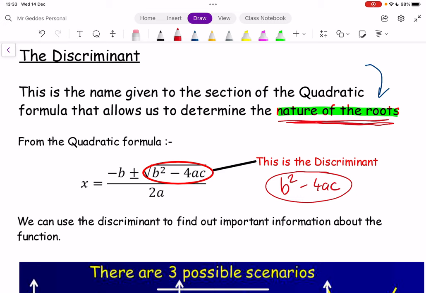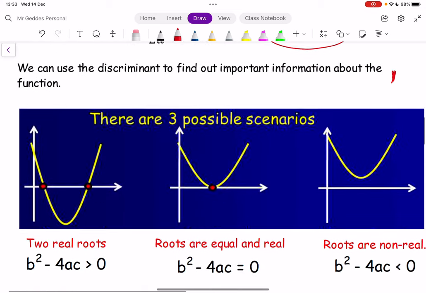Like it says there, we can use the discriminant to find out information about the function, about the roots. Okay. I'll shift this up. I need you, unfortunately, to copy these three situations. Okay, there we are.